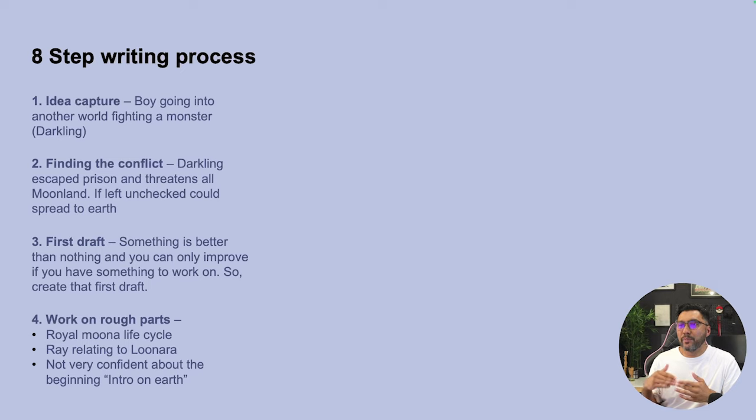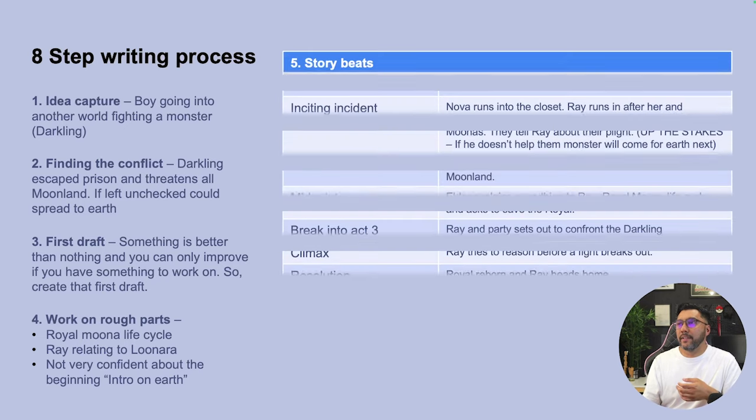For example, the Moon's life cycle, and how do I get Ray and Lunara to relate to each other? And I wasn't very confident about my intro, but those are all things I worked on in the second and third draft, and became more comfortable with.